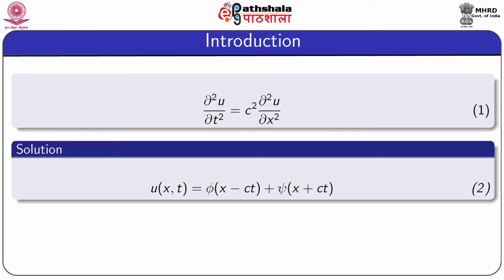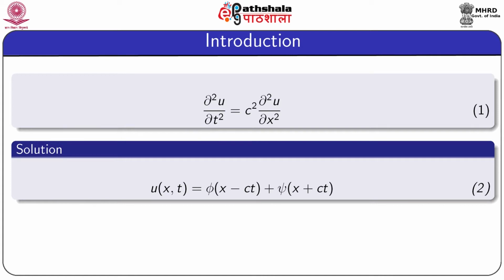The solution of this equation can be written easily. The general solution of equation 1 is u = φ(x − ct) + ψ(x + ct), where φ and ψ are two arbitrary functions.